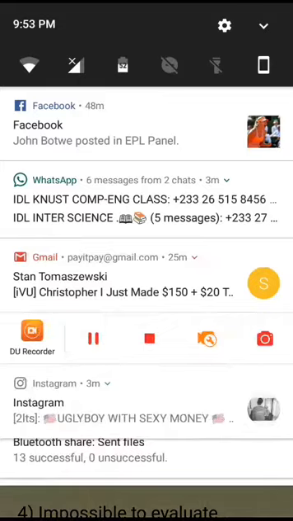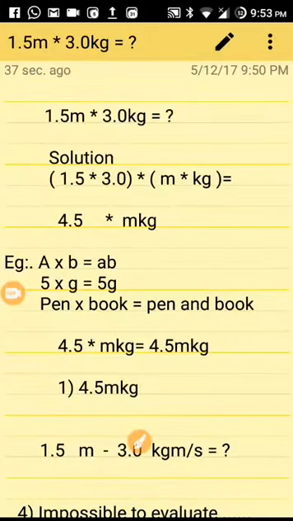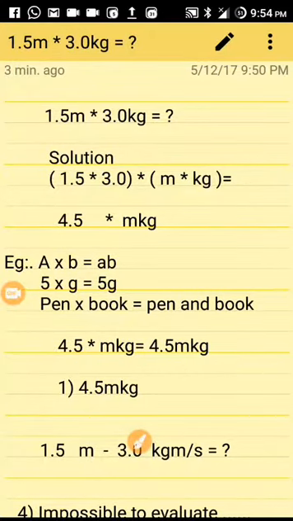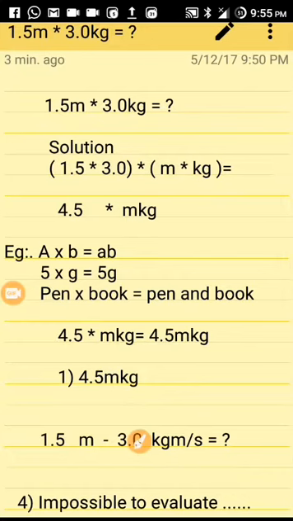When you take 2 times 3, it gives us 6, and 3 times 2 gives us 6. Whichever way you put it, the answer is the same. So A times B and B times A give us the same thing.